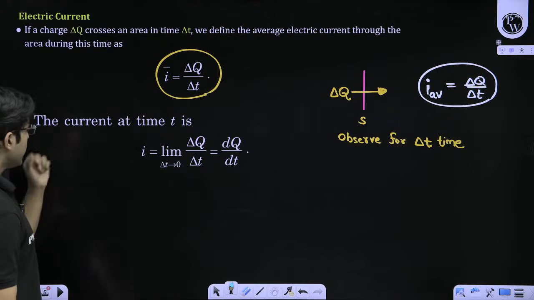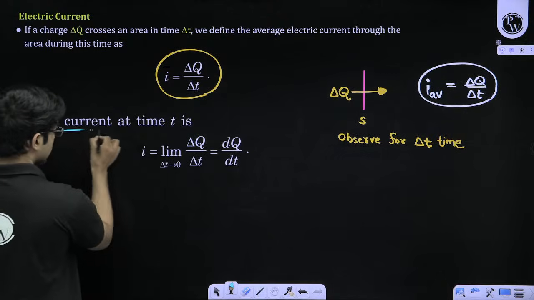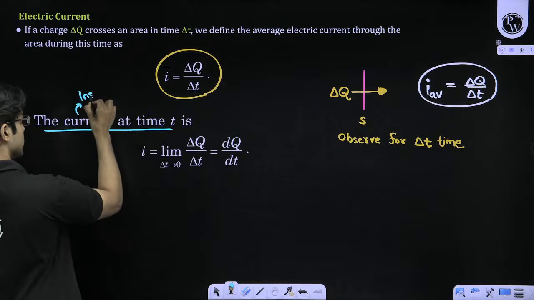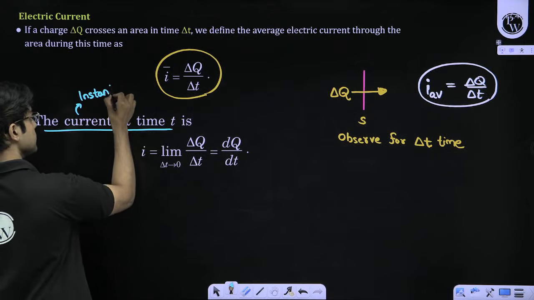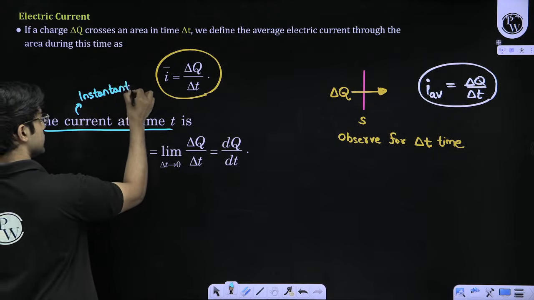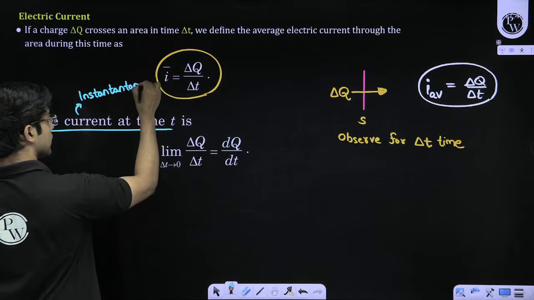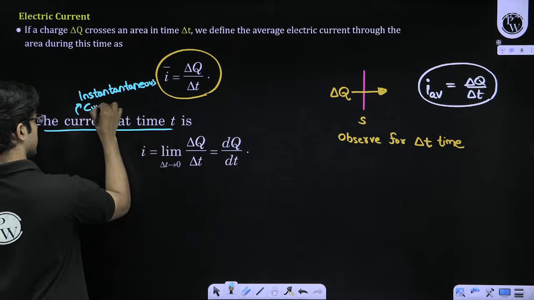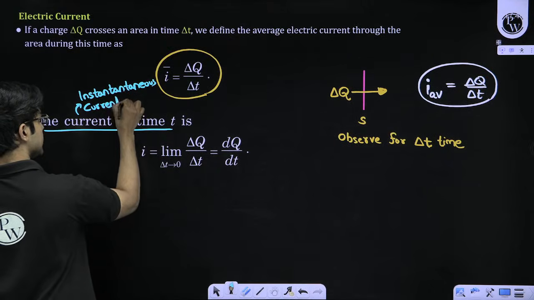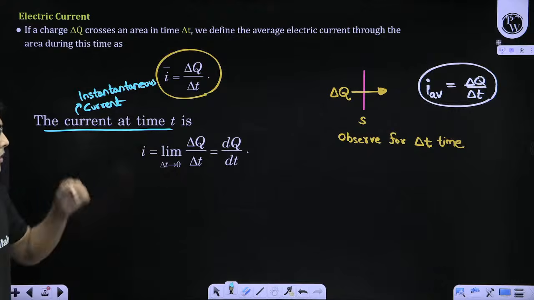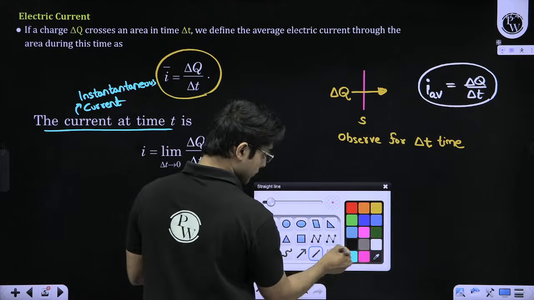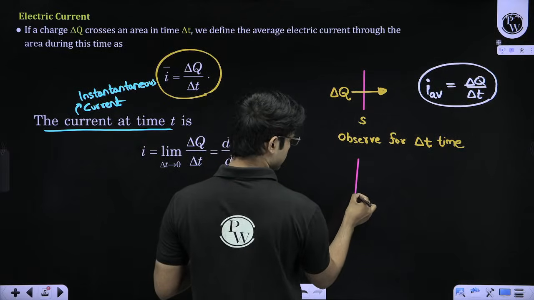Now, what do we mean by instantaneous current? Current at time t, by this we mean instantaneous current, the current at an instant. This is similar to how we went from average speed to instantaneous speed in class 11th. For instantaneous speed, all we have to do is observe for a very short time duration.